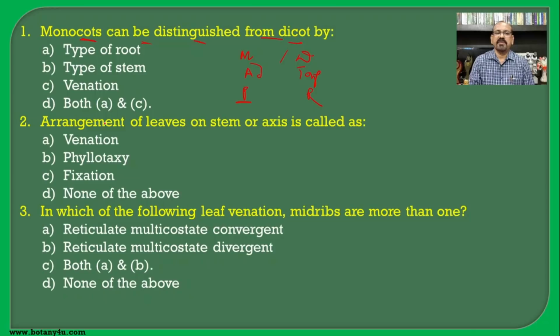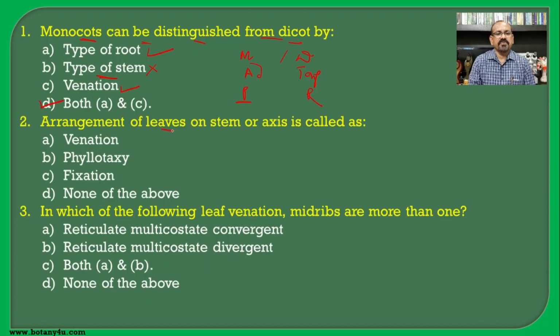Here the type of stem is not the distinguishing feature for the monocot as well as the dicot, and hence the type of root and the type of venation are the characters through which we can distinguish the monocot from the dicot, and hence both A and C are the answers for this question.